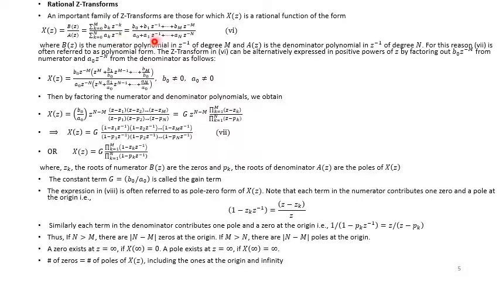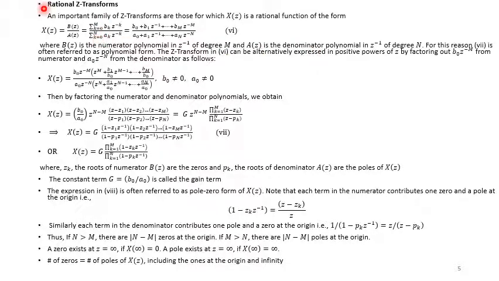If we expand it, we can write b0 plus b1 z to the minus 1 and so on up to z to the minus M, and similarly the denominator can also be expanded. So B of z is the numerator polynomial in z inverse of degree M, where M is the highest power, and A of z is the denominator.